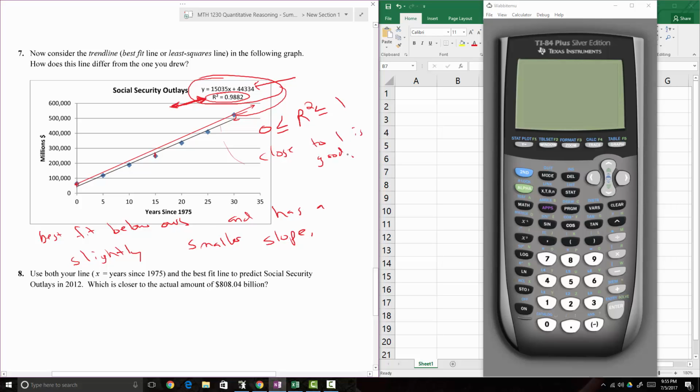That tells me that my line of best fit and my points are close together. So this is a really good fit, 0.98. Can't get much better than that. We won't go into a lot of detail, but that's enough for you to know right now.